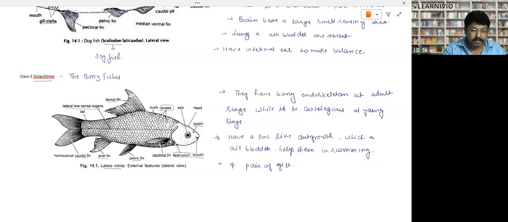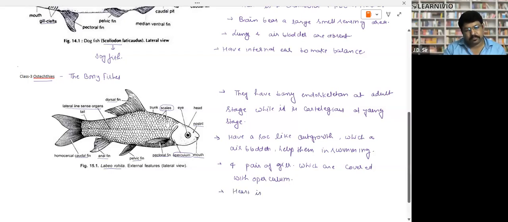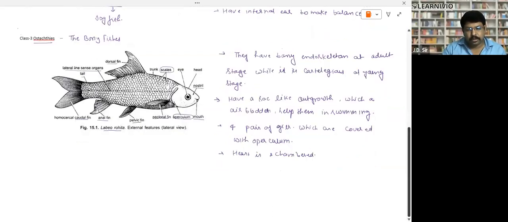The gills are present inside, covered with the operculum. The heart is two-chambered as usual. They have a two-chambered heart.